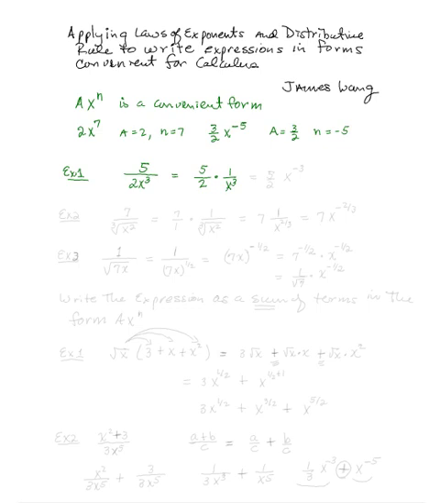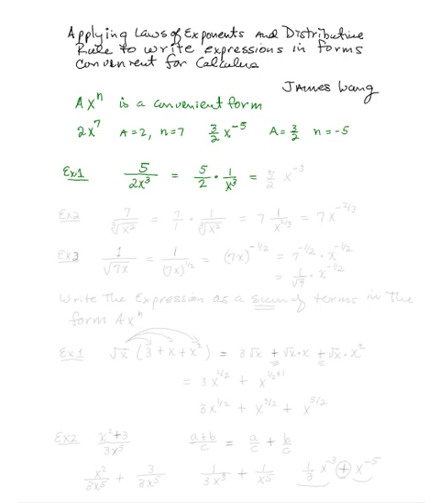Now, that's not the only way you could split it up, but I'm splitting it up that way because it's going to get me to where I'm trying to go, that is ax to the n. So right away you can see we have a number a here, 5 halves, and if we could just write this 1 over x cubed as just x to some power, we'd be done.